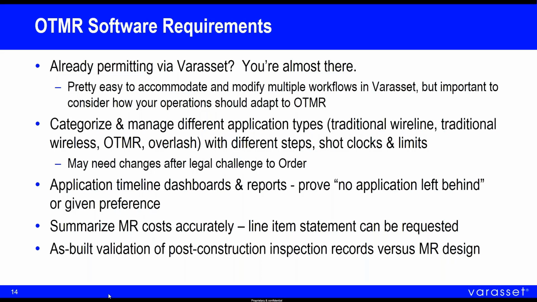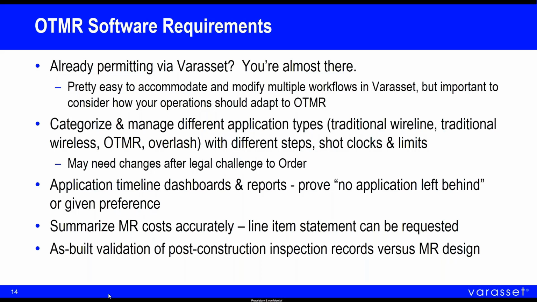And so it looks pretty clear that you have to have the tracking capability and the audit history in order to prove that you are addressing the permits as they come in, first come, first serve, as much as that's feasible, of course. Obviously the complexity of the application, if they're permitting for 5,000 poles versus 2 poles, one can be completed much more quickly. But it will be important to have dashboards and reporting capability in case there's any kind of an audit.